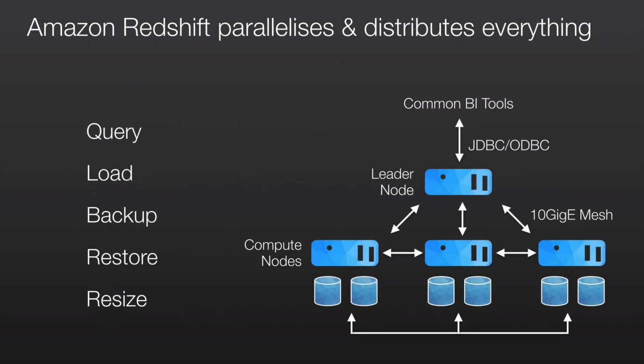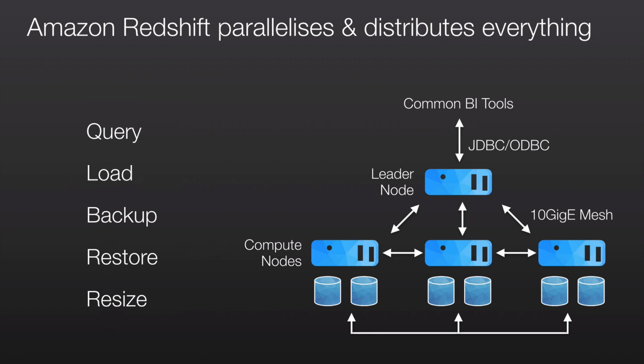And the architecture of the system is such that Amazon Redshift parallelizes and distributes all operations that take place within the cluster. The cluster comprises a leader node where you make your JDBC or ODBC connection, and then the leader node coordinates activity across a cluster comprising a number of compute nodes.